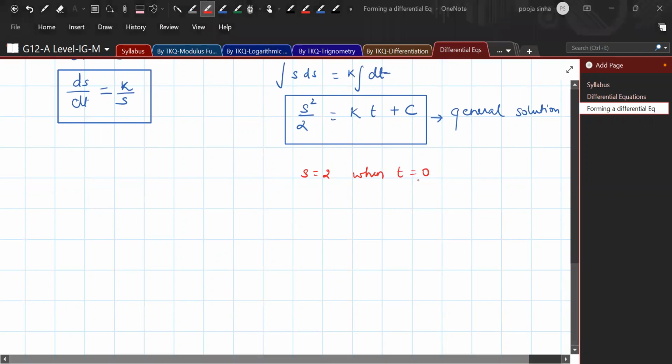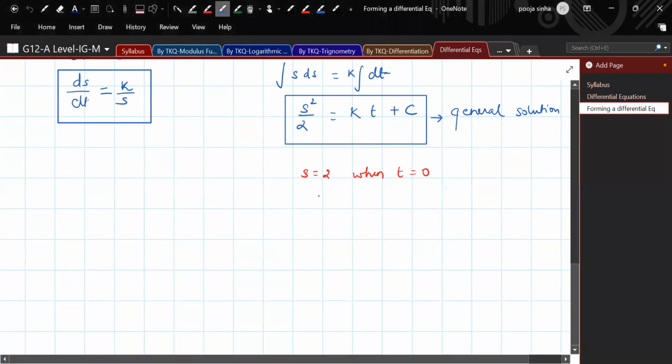Now from this, what did you figure out? You figured out c is 2. So applying this, c is equal to 2.